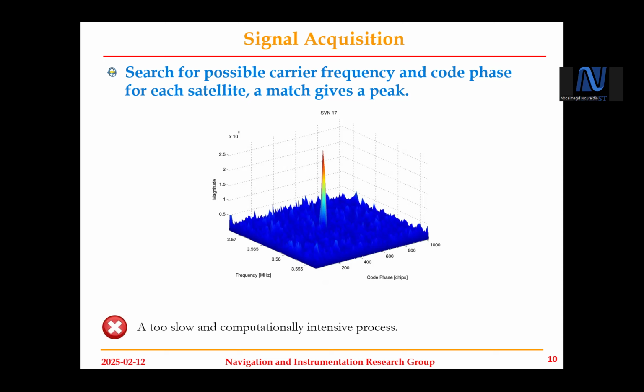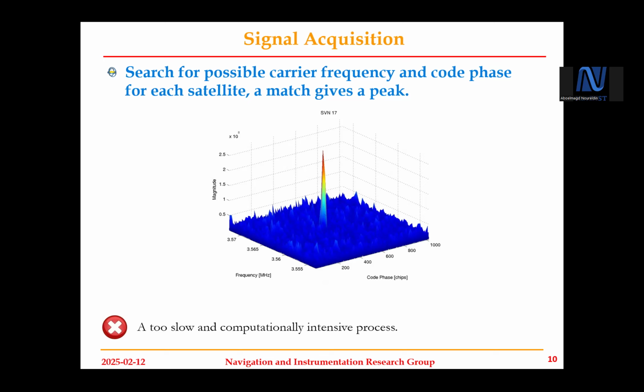So as you see here, the search space is two-dimensional. The code phase represents the signal delay, which helps us in calculating the range between the satellite and the receiver. The other dimension represents the Doppler shift, which helps us estimate the frequency of the received signal. Why do we need those?